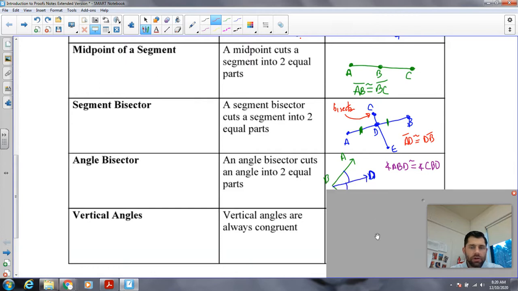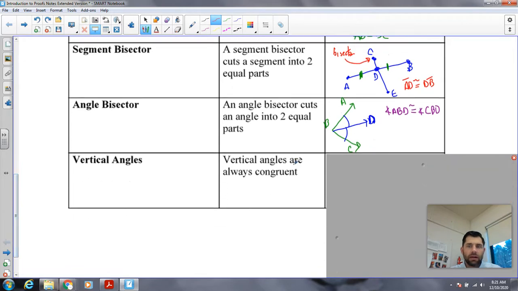We sure should know what an angle bisector is. The words are literally right in the definition. An angle bisector cuts an angle into two equal parts. We haven't done a lot of this in a while, but please refresh yourself. We have to be able to communicate really clearly on how to name angles. So ABD and CBD.